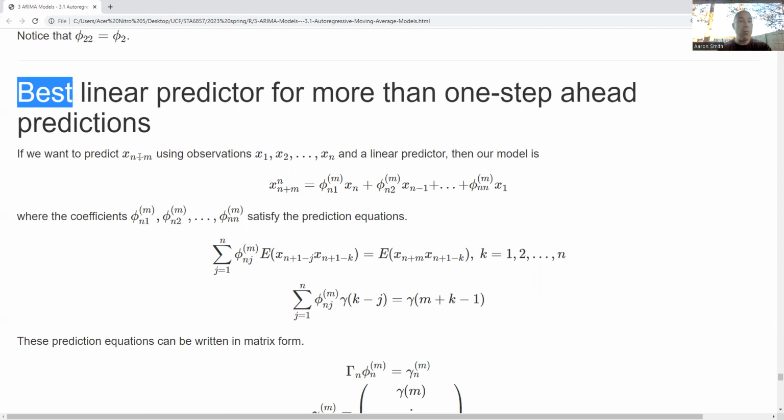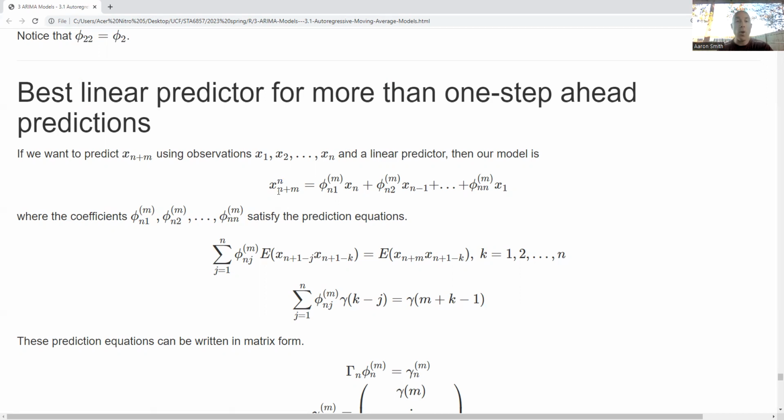All right, so what I'm going to do is I want to predict the n plus m point in time of the time series. I have n points of data. I've observed n points of my time series, and I want to go m steps into the future to make my prediction. All right, and this is how we denote it. I have n points of data.